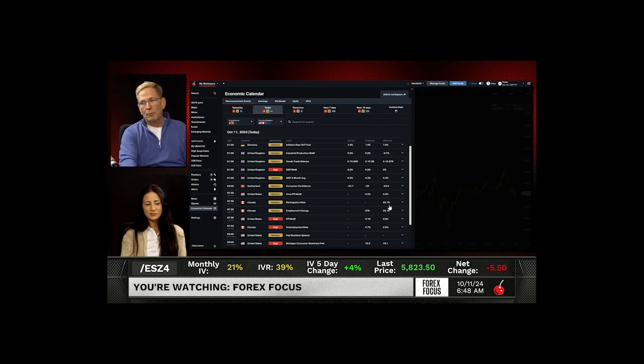Employment change is how many jobs were added, and the participation rate is kind of like the unemployment rate. So for dollar Canada, if we see more jobs added than this 27,000 forecast, chances are the Canadian dollar will rally relative to the US dollar. It means dollar Canada falls. If we see less, it will rally. So let's know that we've got a binary event. I don't care what the number is. I just want it to be different so the market moves.